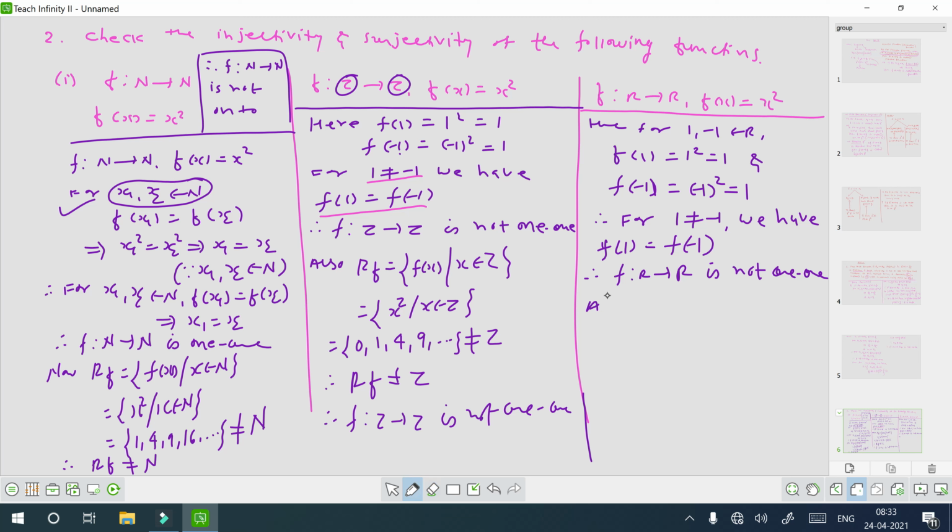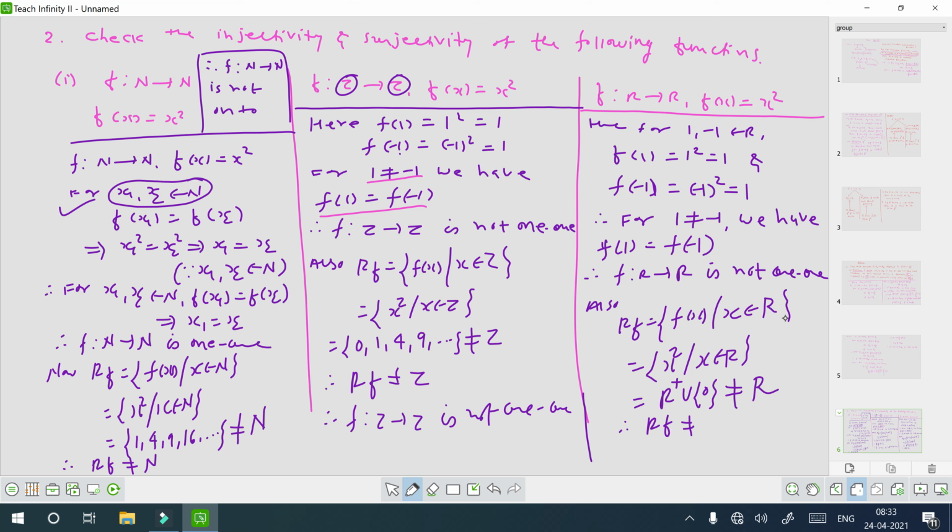Also, let us find out the range. Range of f is equal to f of x, x belongs to R, because here the domain is the set of real numbers, which is x square, x belongs to R, and that is nothing but the non-negative real numbers, that is R plus union 0, and that is not equal to R. So range of f is not equal to R, and therefore f from R to R is not onto, not surjective.